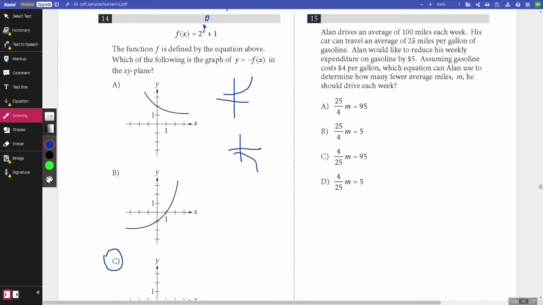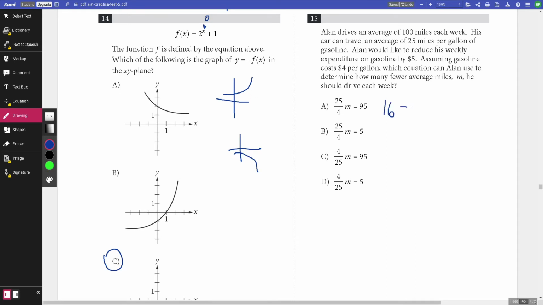So we can see that he drives 100 miles per week, and he gets 25 miles per each gallon. So that's basically 4 gallons of gas per week, times that by 4 is 16. He wants to reduce that by 5.